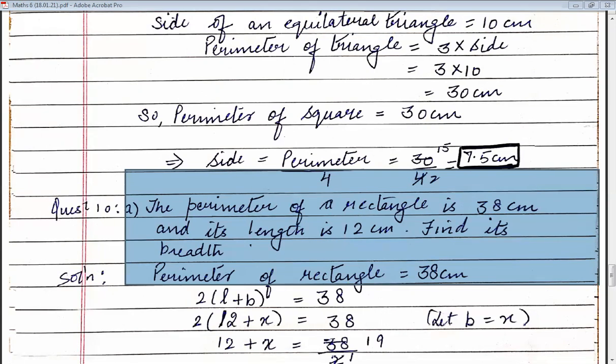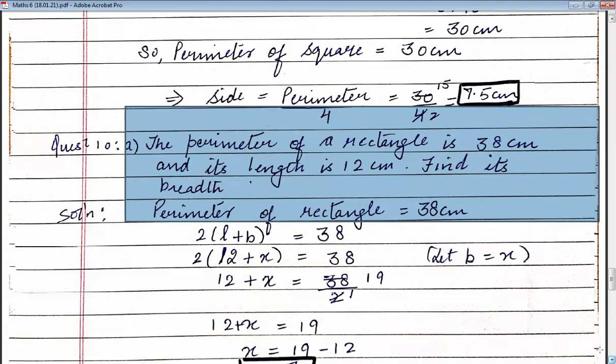Okay, so now let's see. If breadth is not given to us, we will consider that breadth as x. Let's take the breadth be x. Now, what is given to us in this question? We are given with the perimeter of the rectangle. What is the perimeter of the rectangle? That is 38 centimeter.